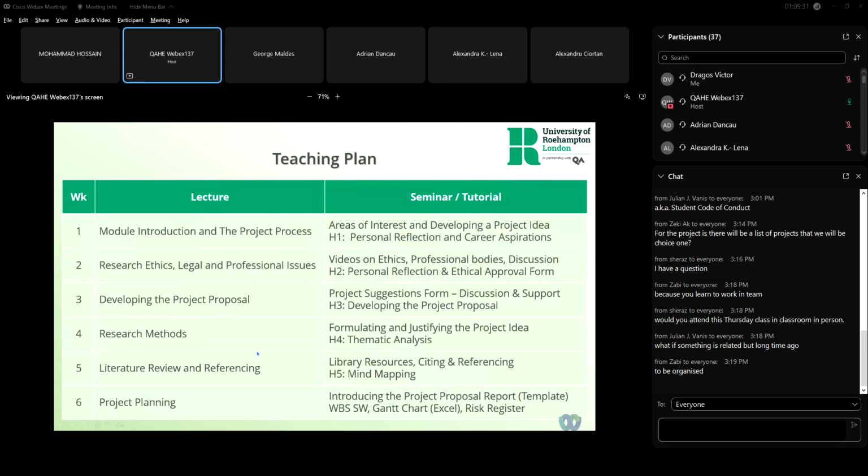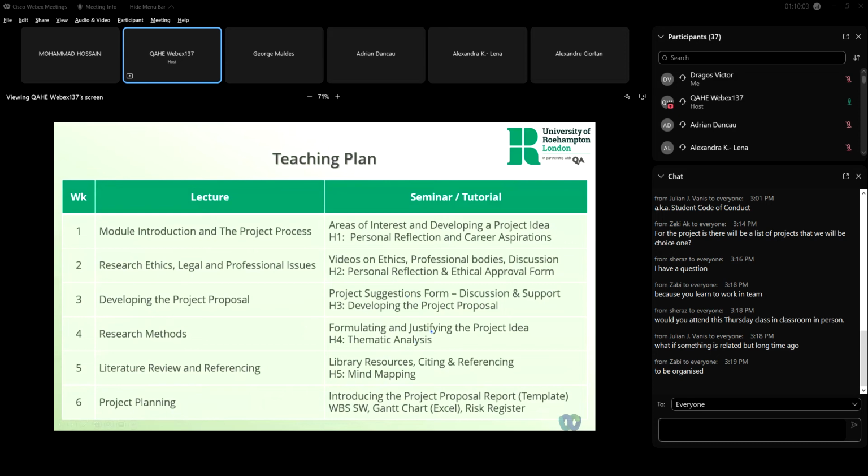Then from week 3, that's when we start to think about how to put together the proposal. So on week 3, you look at the proposal in general, and then how you do your aims and objectives, how you research, how you do your literature review, and how you plan your project. So these 4 weeks, the main focus is the proposal, but they will also be used for the dissertation.